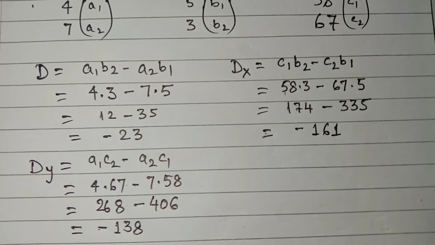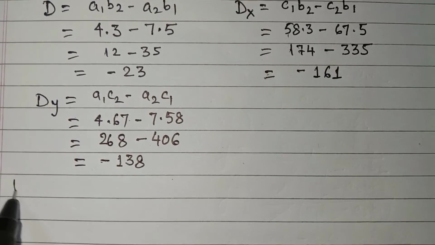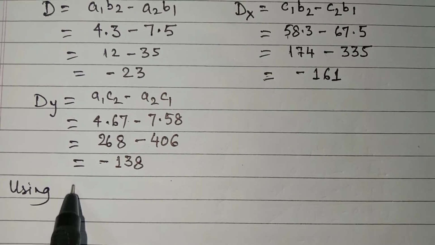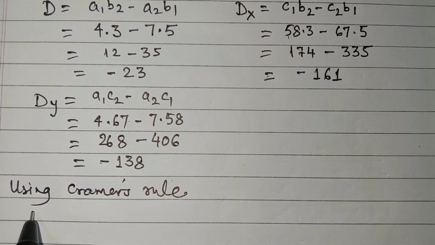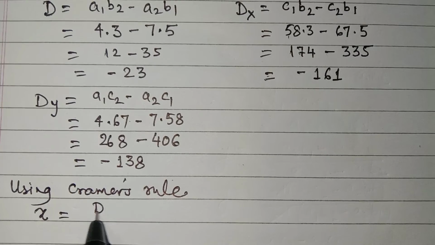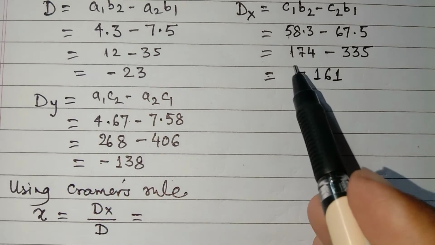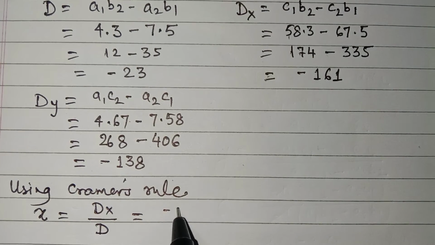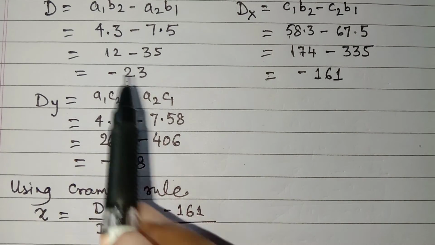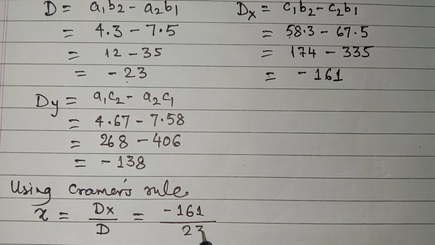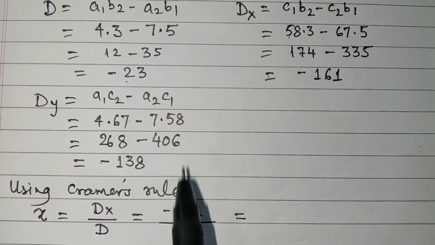Now, friends, using Cramer's rule, x is equal to Dx by D. So my Dx is minus 161 upon D is minus 23.